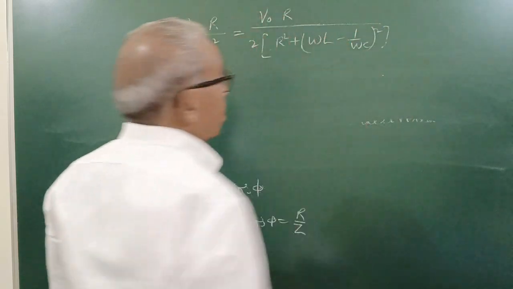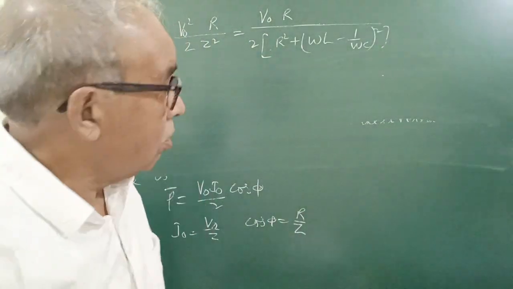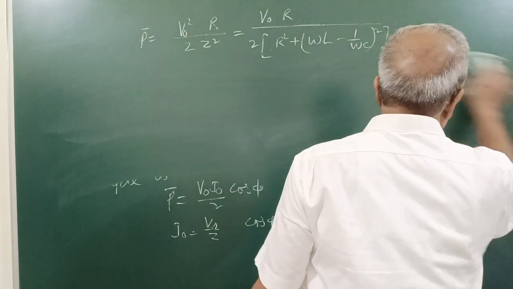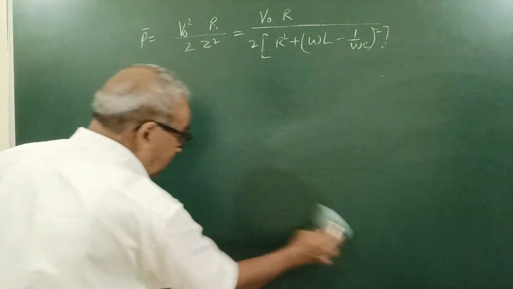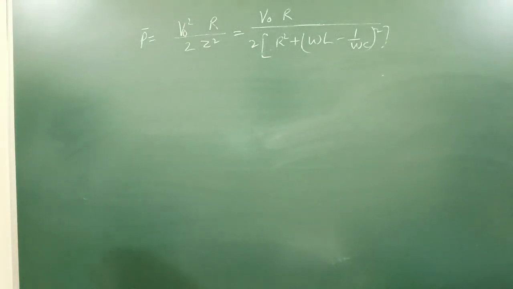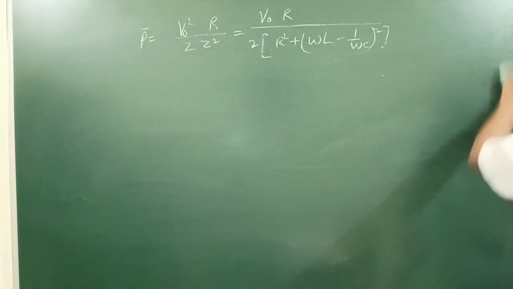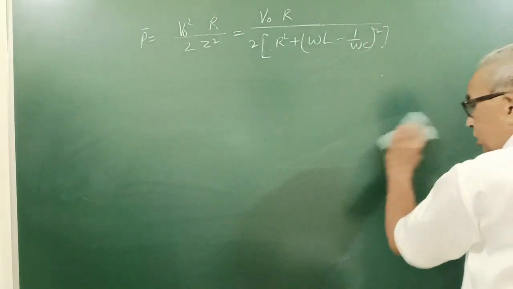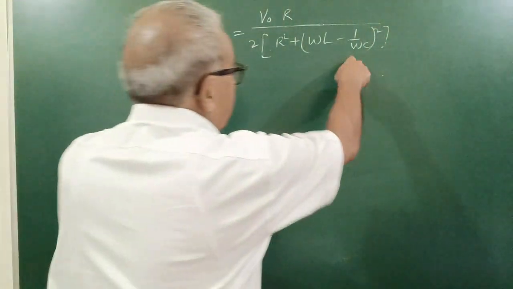What is omega? The angular frequency of the source, which we have applied. And I told you that if the frequency of the source does not match with the natural frequency of LC oscillation, then electrons pick up the frequency of the source. So the electron will be oscillating with this frequency omega.